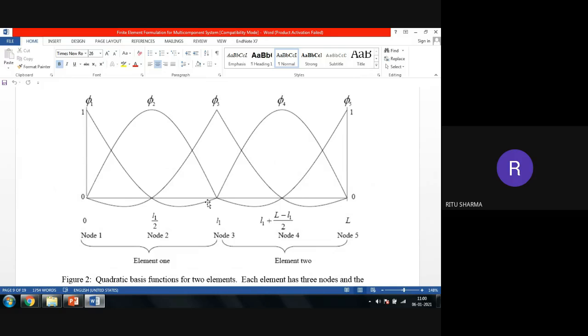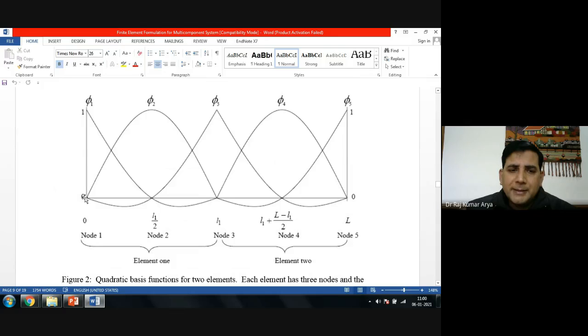The same thing is taken for phi 2. Since the first node is completed because it has value 1 there, now we talk about node 2. At node 2 we want a basis function that has value 1 there, and value 0 at node 1 and node 3.